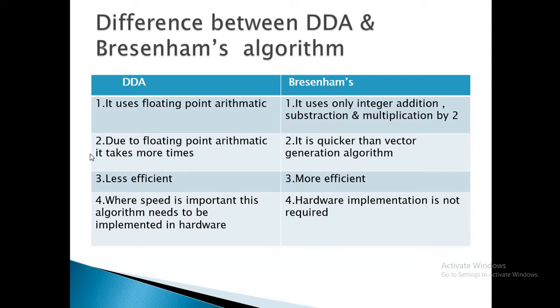Due to floating point arithmetic DDA takes more time, and Bresenham's line drawing is quicker than the vector generation algorithm. The third difference is that DDA is less efficient and Bresenham's is more efficient. Fourth, where speed is important, the DDA algorithm needs to be implemented in hardware, whereas in Bresenham's, hardware implementation is not required.